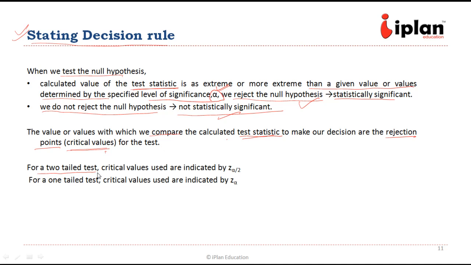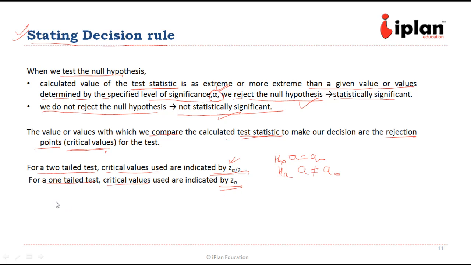For a two-tailed test, where we are comparing both ends, the null hypothesis is, say, A equal to A naught and the alternative hypothesis is A not equal to A naught. This is a two-tailed test where we are testing both the tails. The critical values used are indicated by Z alpha by 2, where we are using the Z test, and for a one-tailed test, the critical value is going to be Z alpha.